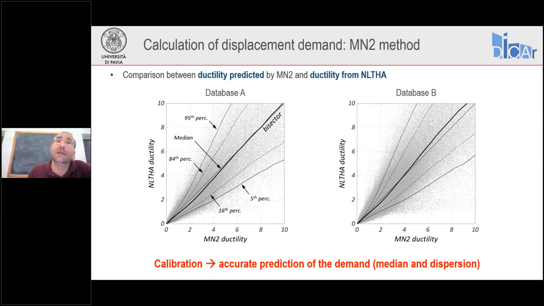It's an estimation of the inelastic displacement demand, but we want this estimation to be, on average, close to the actual displacement demand from the dynamic nonlinear response of the oscillators. And what we did actually was to calibrate the coefficients using database A, and then check the method using database B, and we can see that it's quite satisfactory. It's an improvement compared to the original method.